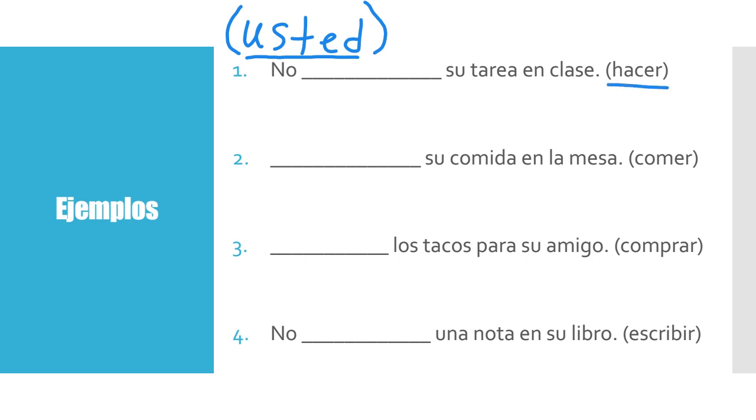So we need to change hacer to match usted, and we're going to go through our 3 steps. So the first step is to find the yo form of hacer in the present tense, which is hago, right? Yo hago would be how it would be. We're going to get rid of the o, and then we're going to add our opposite ending, which is a. So we end up with haga. The second sentence, comer su comida en la mesa.